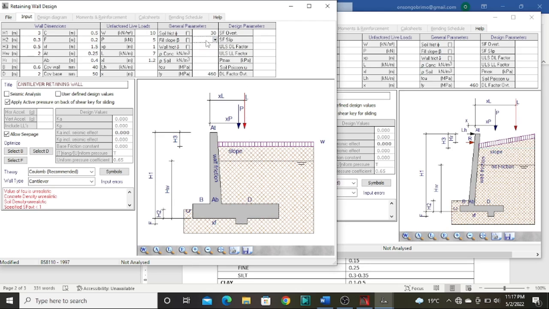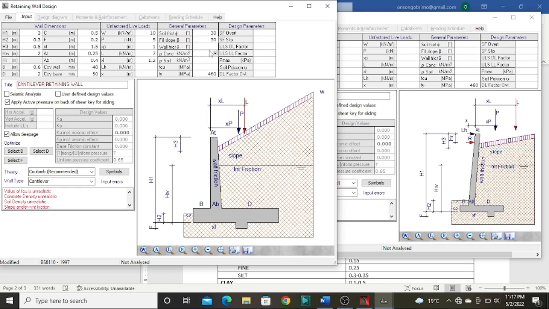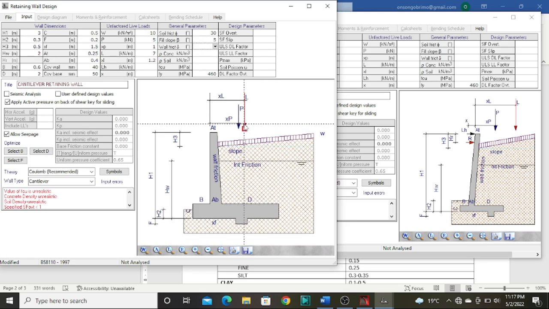So let me use an angle of 10, and you observe what will happen. Look, the soil is at an angle to the wall. And if I increase it to 30, observe what happens. Yeah. So if I have a retaining wall that is like that, that is what I should do.